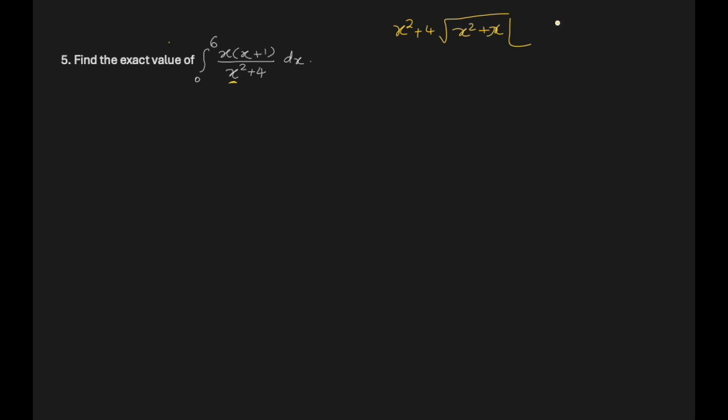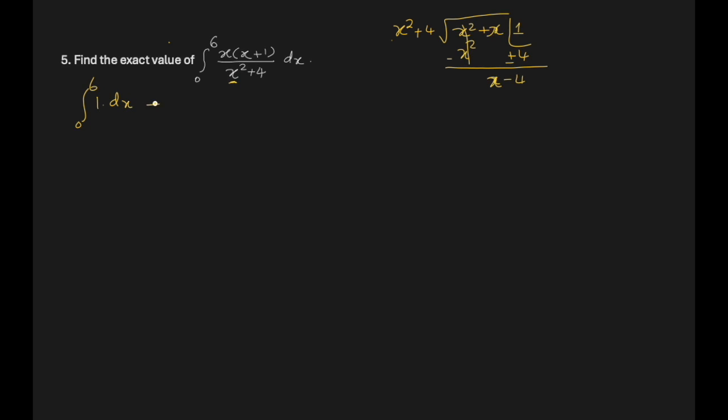Okay, so x square and x square, so I'll multiply it by 1 so that we get x square plus 4. If we subtract, this cancels out and here I get x minus 4. So the quotient is 1. So this particular question will change to integral from 0 to 6 of 1 dx.